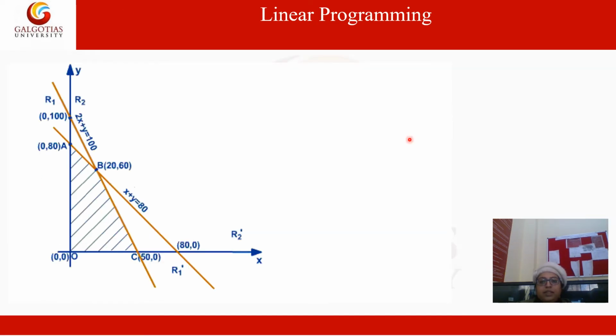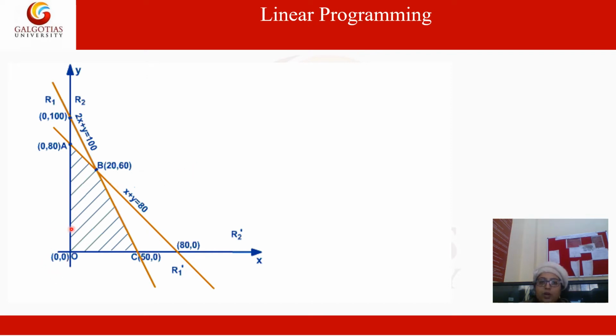Now let us plot these points on the graph. We will be taking the two axes x and y for plotting the various points that we have taken from the equation. Like in the first equation, when we put the value of y equals to 0, we get the value of x equals to 50.